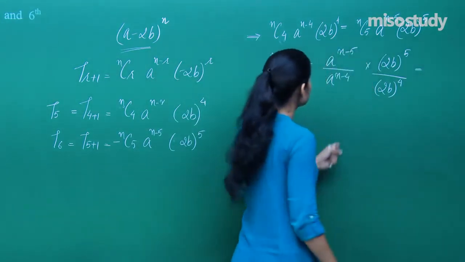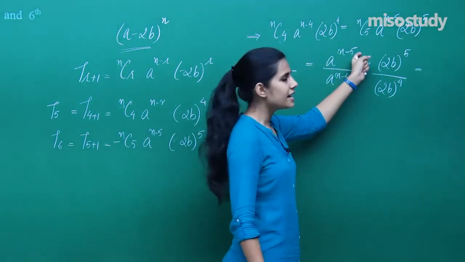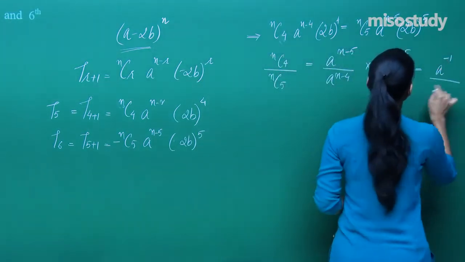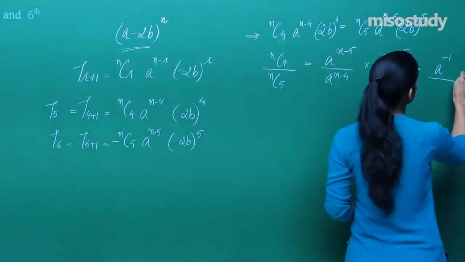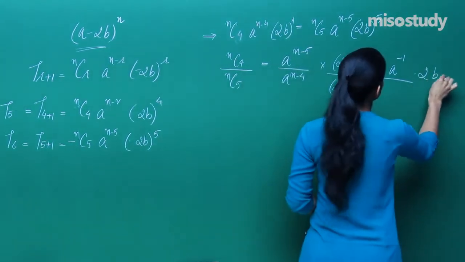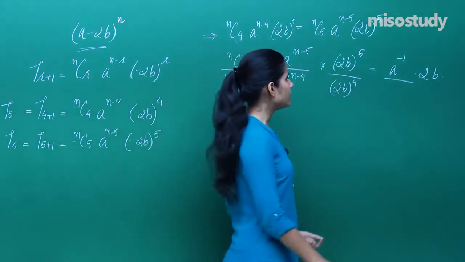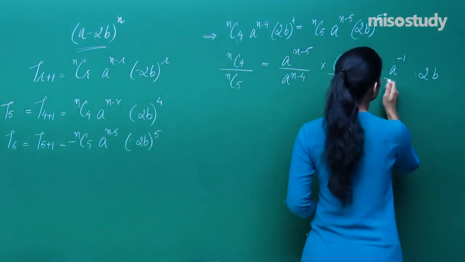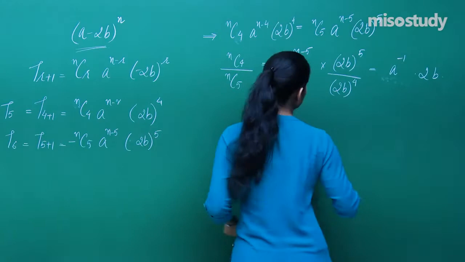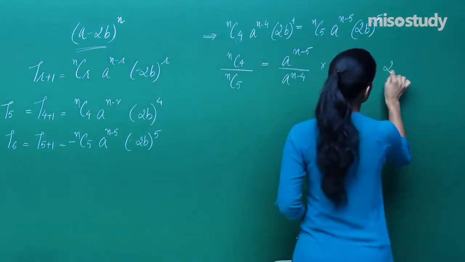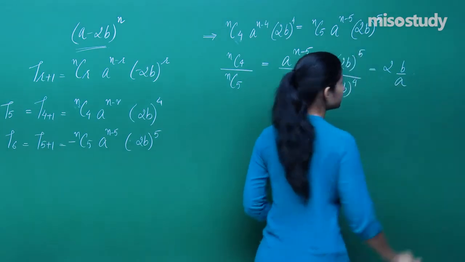This gives you what? a to the power n minus 5 minus n plus 4, which is a to the power minus 1, and this gives you what? Into 2b. Because 2b to the power 4 gets cancelled, you're left with 2b, which eventually gives you what? Let's see. This is 2 times b by a.